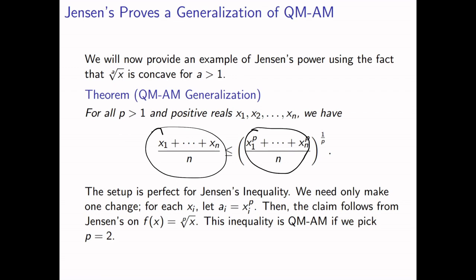Right now this form isn't very applicable to Jensen's, but if we raise both sides to the power of p, we get that the sum of x over n to the pth power is less than or equal to the sum of x to the p over n. And so now we can apply Jensen's directly.